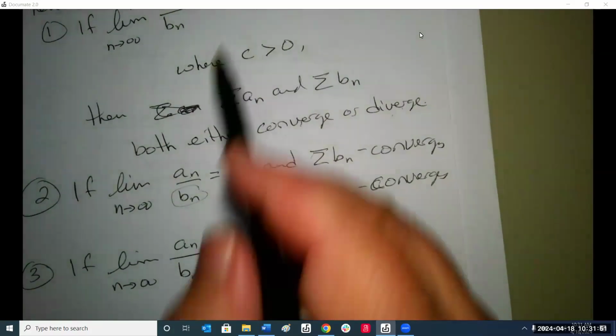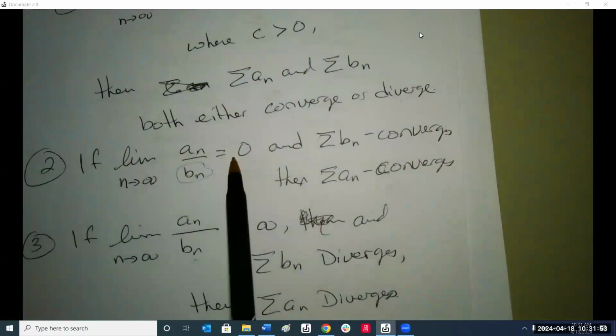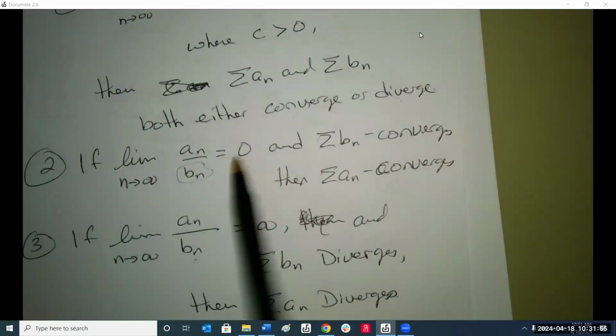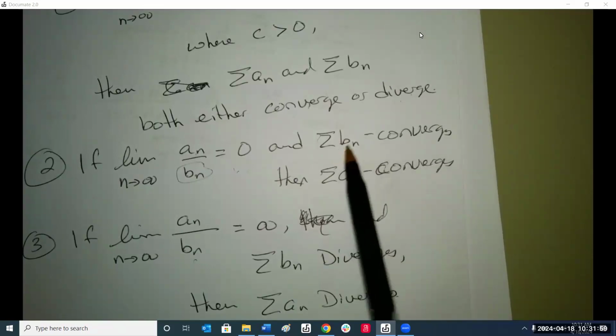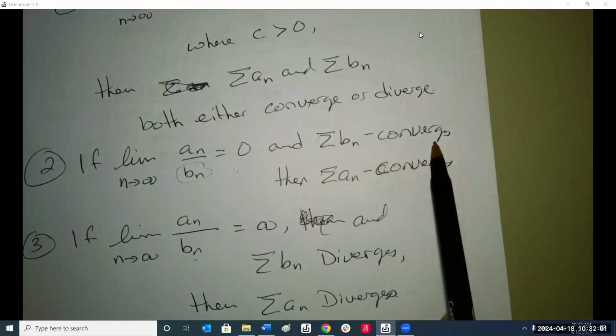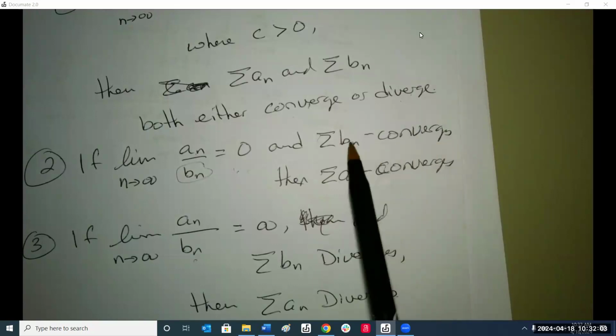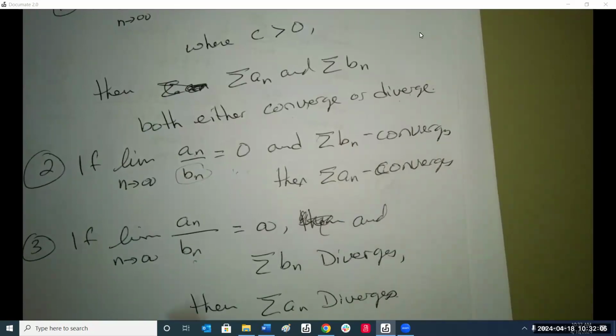So looking at both of these, since our limit equals 0, but our bottom doesn't converge, the summation of n squared plus 2n plus 1 diverges. So since it diverges, a sub n diverges. So the whole series diverges. Yes, that's what it is.